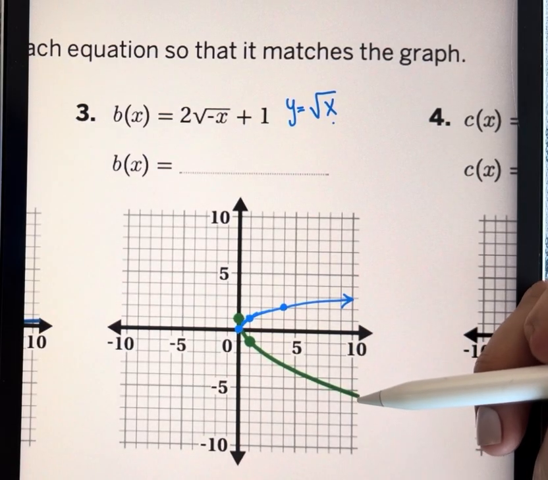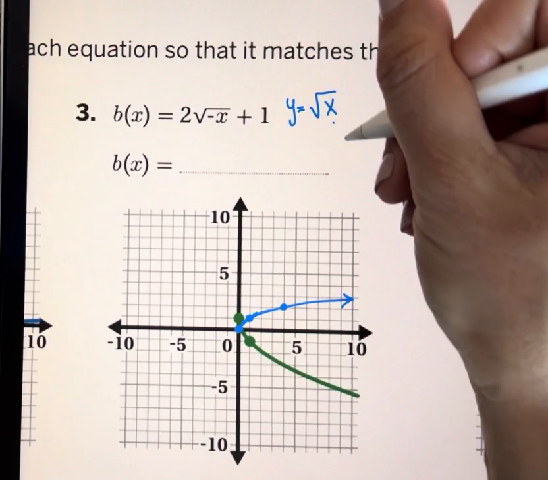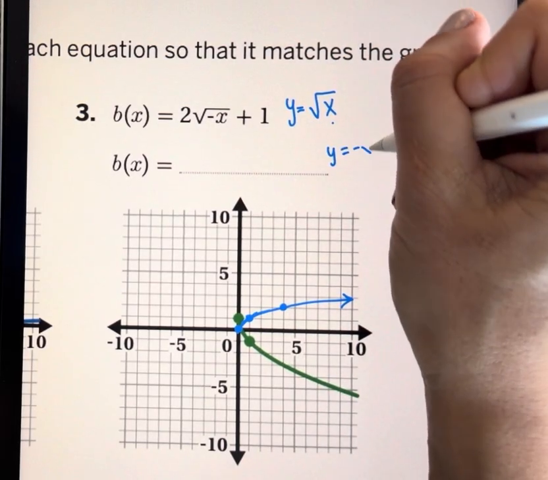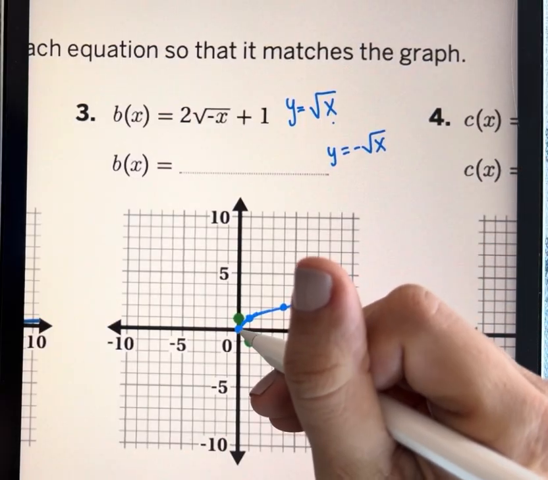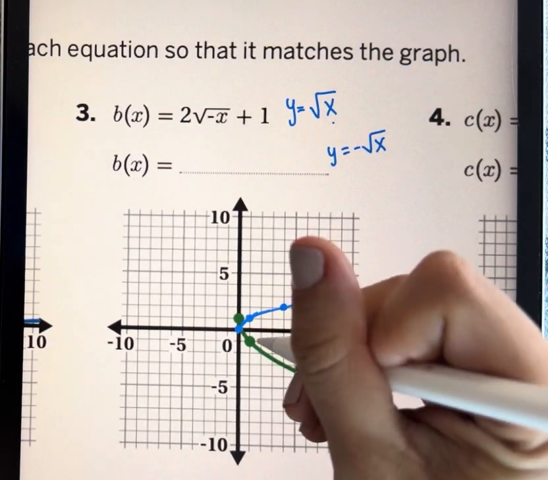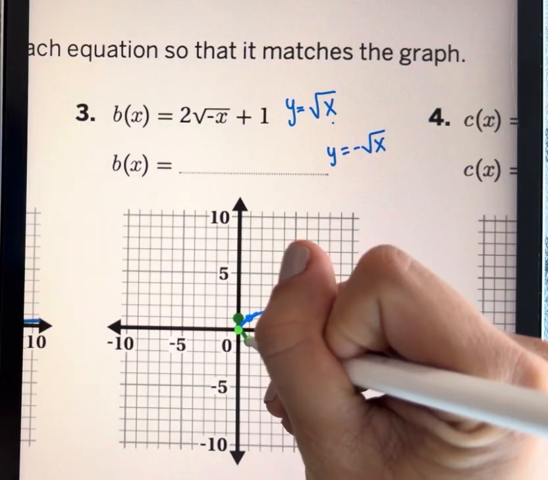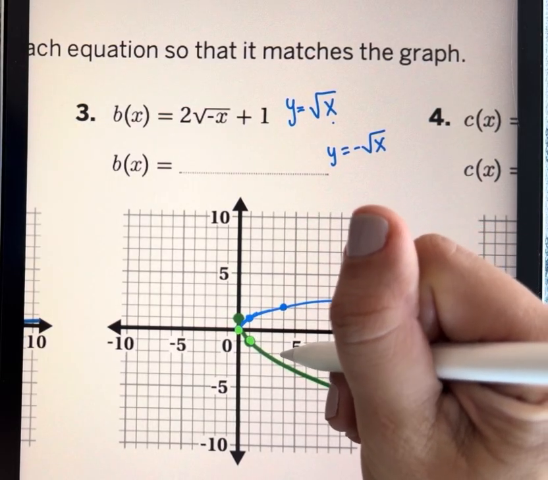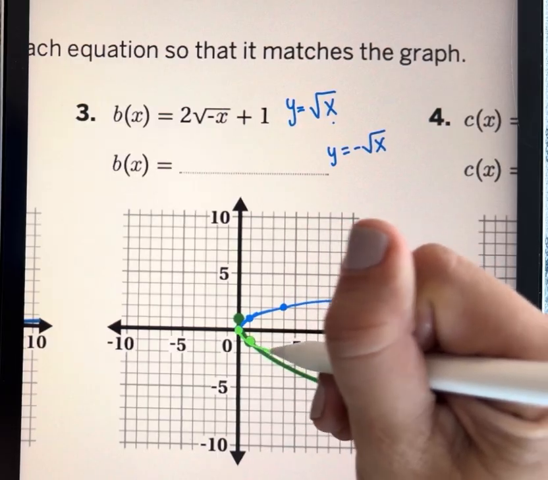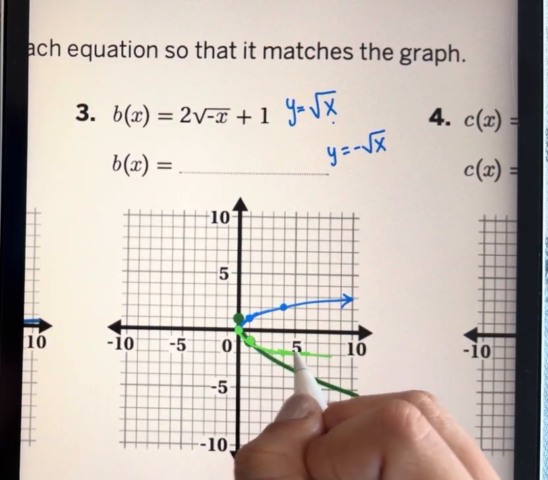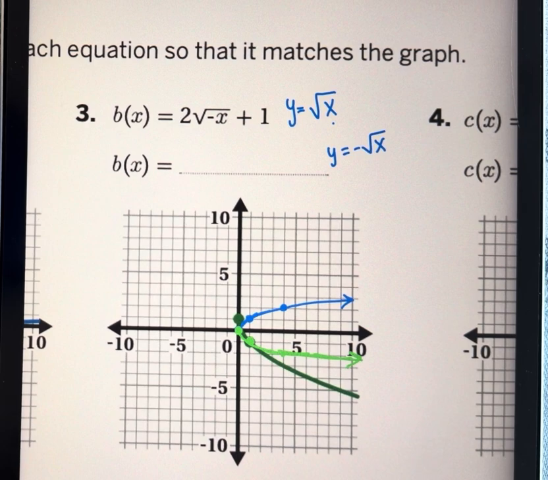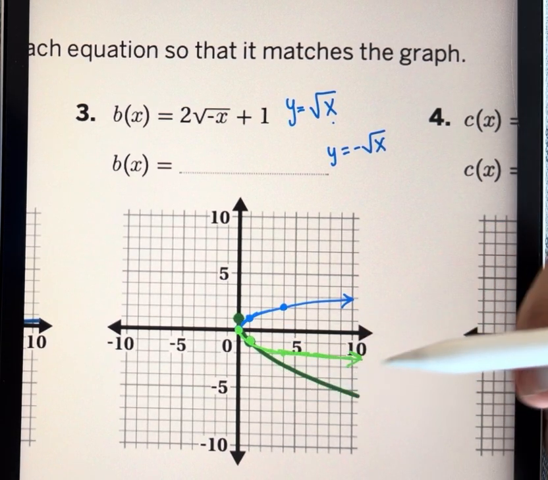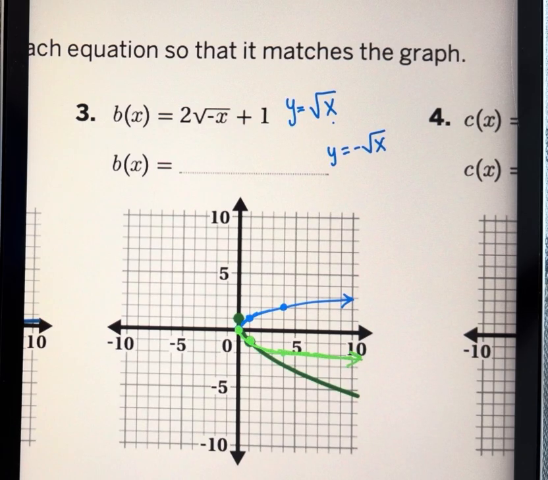I can tell this flipped upside down. So a vertical reflection would flip it to be like this. I'll do it in green. Okay, now that it's facing the right way, oh, it's still gone up 1.